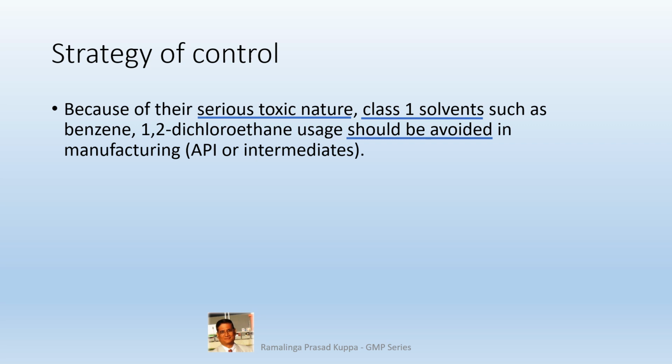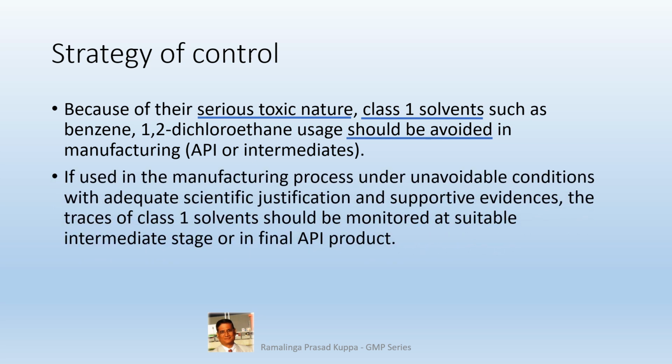So, to the extent possible, it is recommended to avoid the use of class 1 solvents in the manufacturing process of API or intermediate. If used in the manufacturing process under unavoidable conditions, with adequate scientific justification and supportive evidences, the traces of class 1 solvents should be monitored at a suitable intermediate stage or in the final API product.